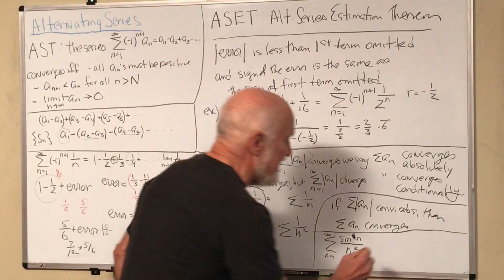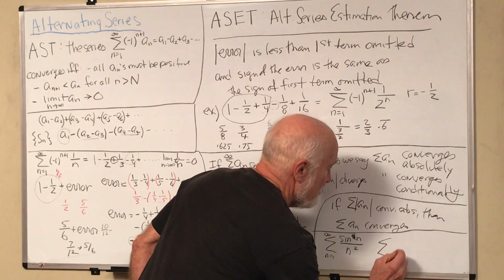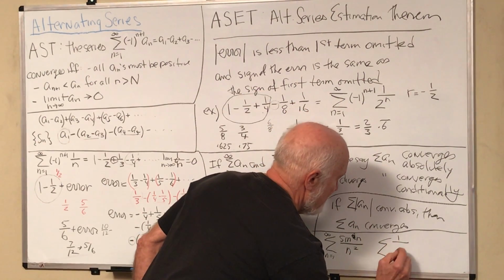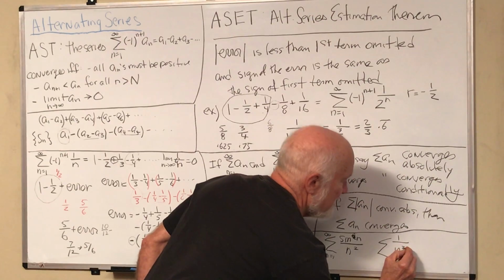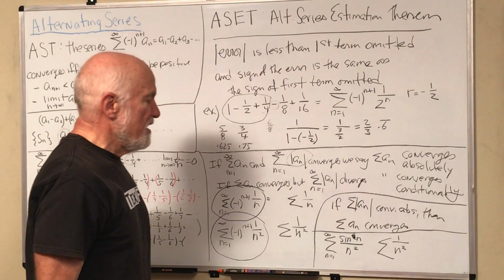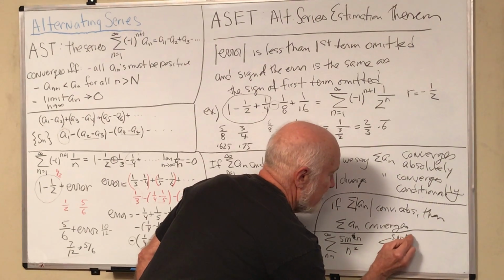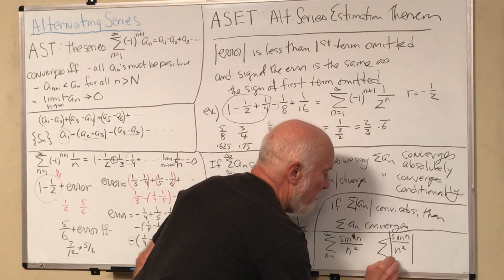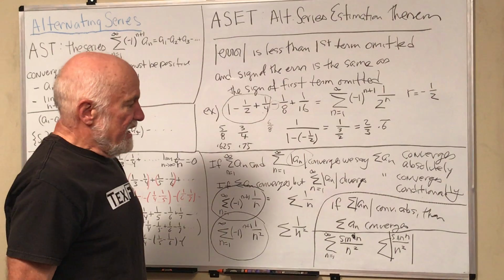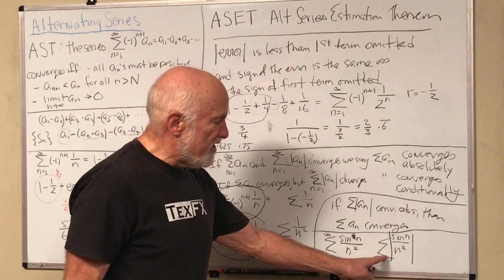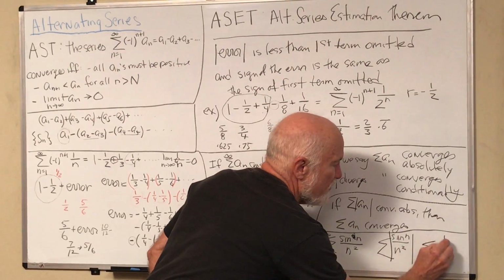But what can we say? We can say that if we took all the positive terms, say we made this all positive, we could compare this series to 1 over n squared.